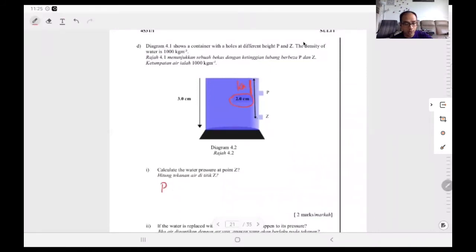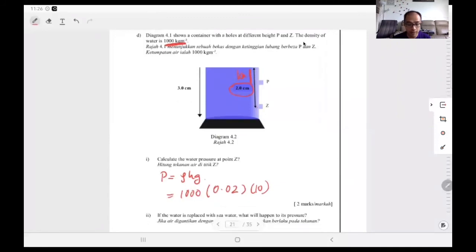So water pressure is rho h g. Rho is 1000 given in the question. h is 2 divided by 100, is 0.02. And then g is, as always, 10. Don't forget, please change to meters.